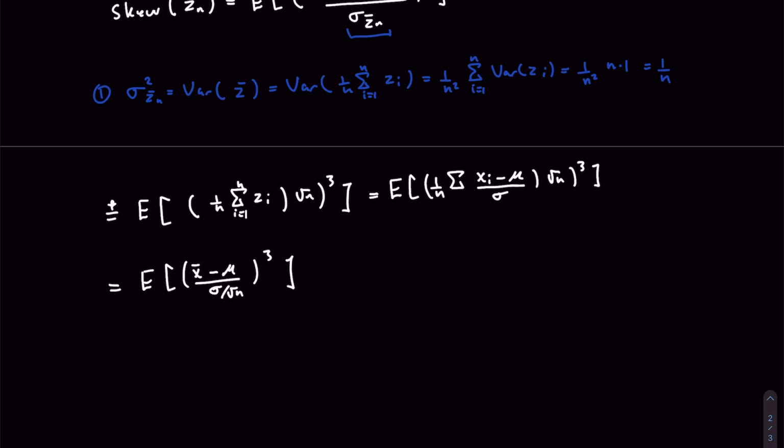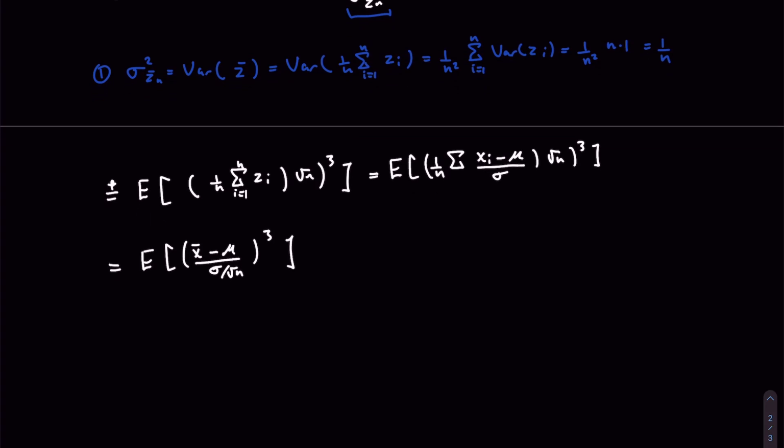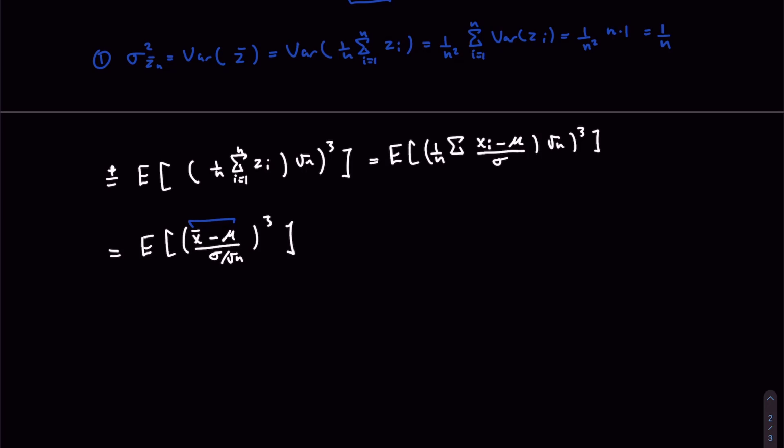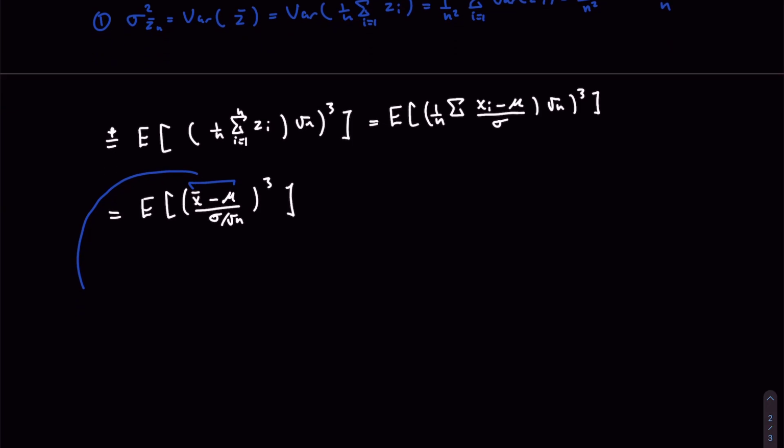Well, pulling out the sigma is not a problem, right? We're just multiplying everything with 1 divided by sigma, so you can pull it out there. But this part here, this little part here, can seem to be a little mysterious. So let me unpack it.